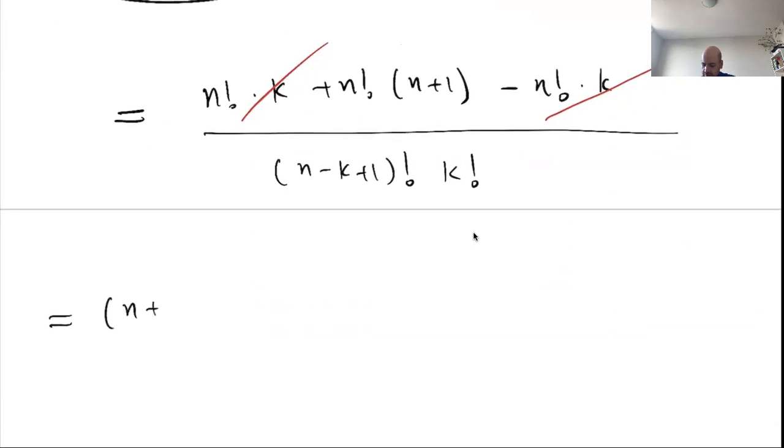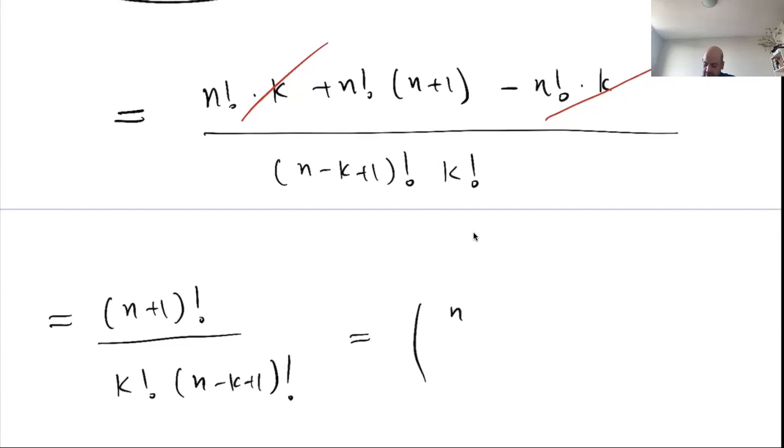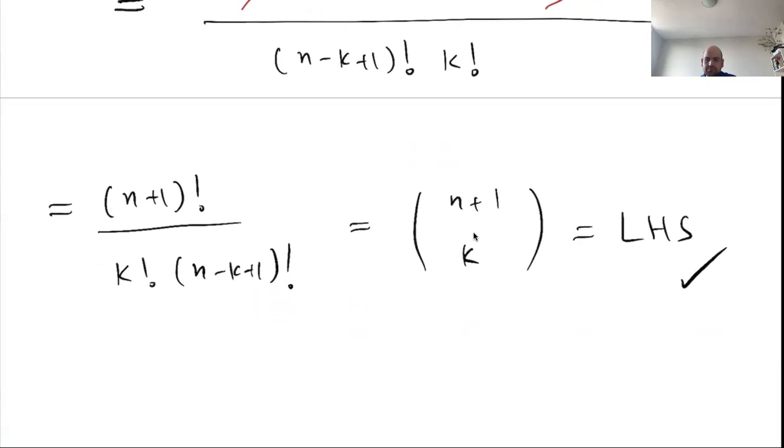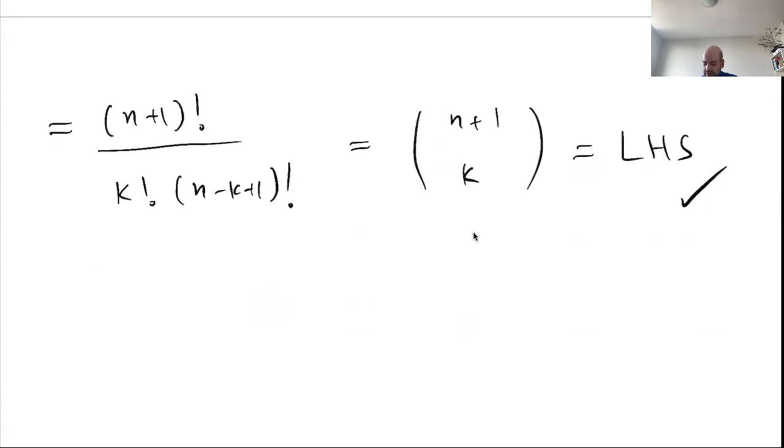So this is (n plus 1) factorial divided by k factorial times (n minus k plus 1) factorial. And then this is n plus 1 choose k, because n plus 1 choose k is (n plus 1) factorial over k factorial times (n plus 1 minus k) factorial, which is my left-hand side. Okay, that's all. So this is the algebraic proof.